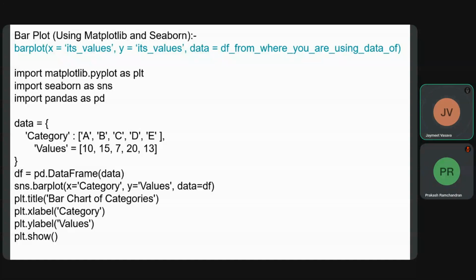For X, we have to assign which values it will take. For Y, which values it will take, we have to assign that, and then the data from where we are taking it. So we import the necessary libraries, then we are creating a dictionary called data.